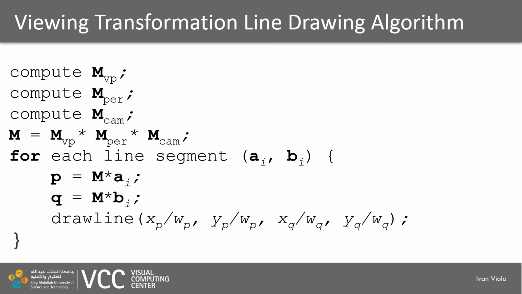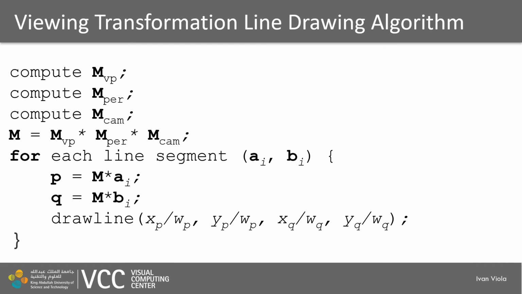Here is a simple code which expresses that. First, we compute the viewport transformation, then we compute the perspective transformation and then the camera transformation. We multiply them together, so that the rightmost is the camera, because this one will be applied first to the world coordinates of our points, then the perspective transformation matrix, and then the viewport transformation matrix.